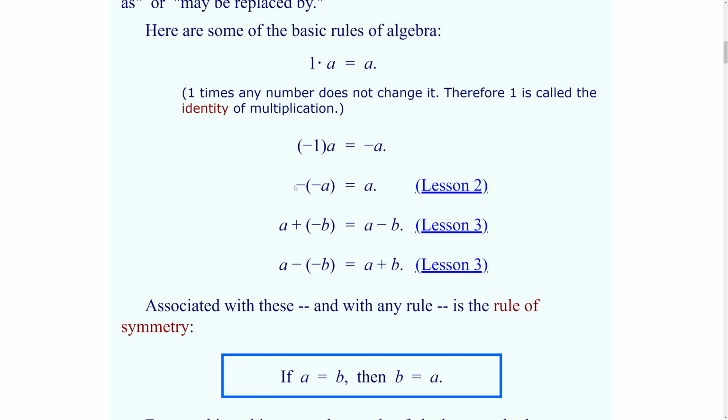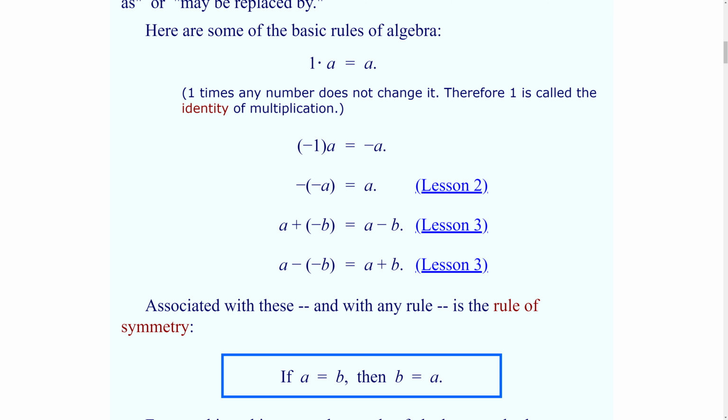And if we dig deep into our memory banks from yesteryear, you'll remember that when we have two like signs, we have a positive, and therefore an implied one is existing here. And when we multiply that implied one by A, we still get A. This is just reiterating this property.